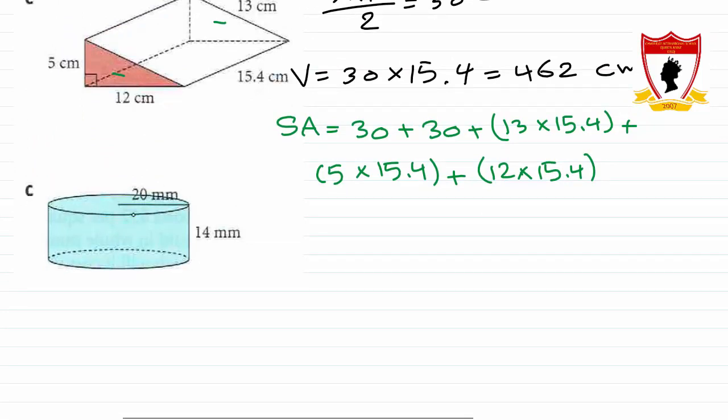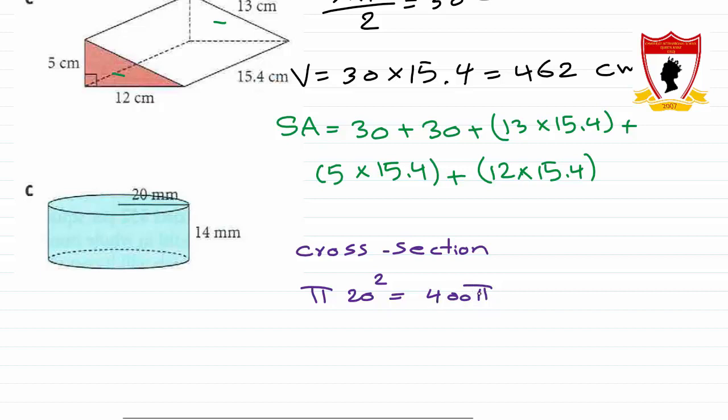The cross-section area, the area of the base here, since the base is circle, then the area of the base is pi times radius squared. Cross-section area is pi 20 square. Pi 20 square is equal to 400 pi.